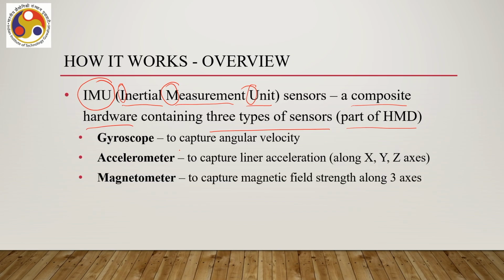The gyroscope captures the angular velocity. The accelerometer captures the linear acceleration along the 3 axes, that is x, y and z axis. And finally, the magnetometer captures magnetic field strength along the 3 axes. So, when we use the term IMU sensor, we are referring to these 3 sensors together in a composite form as a single piece of hardware, which are typically part of many modern day devices, including your mobile phones as well as many of the HMDs.